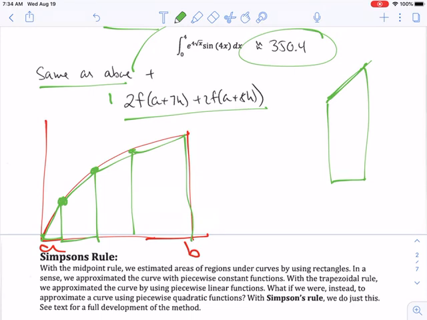So the formula is based on the trapezoid.